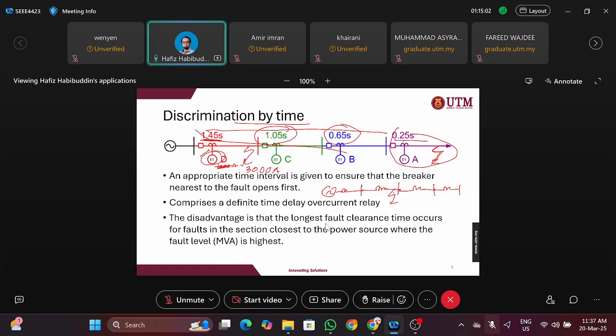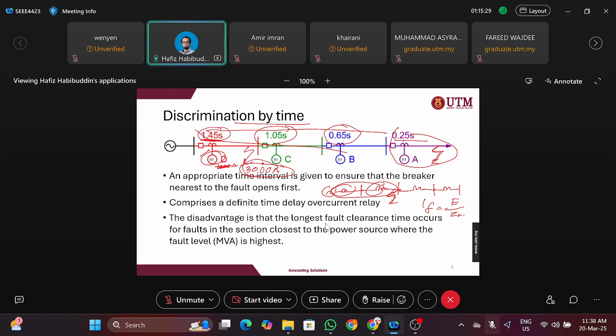The closer to the source, the lower the impedance. I fault equals E divided by Z total. We have smaller impedance here, so smaller impedance will give you higher current, but the problem is that you are reacting slowly for high fault current.